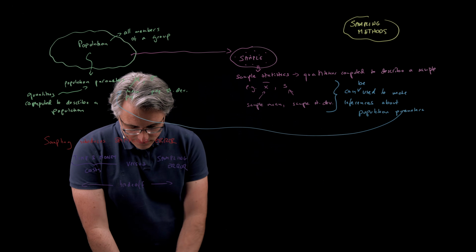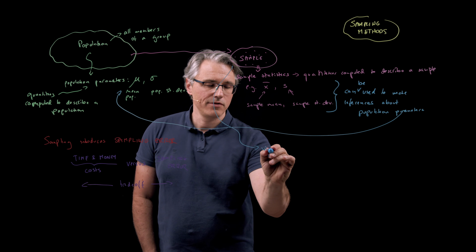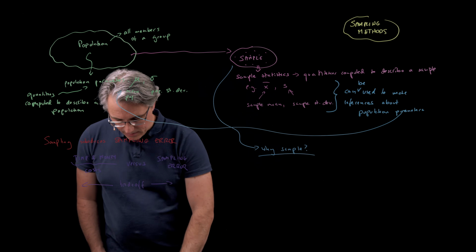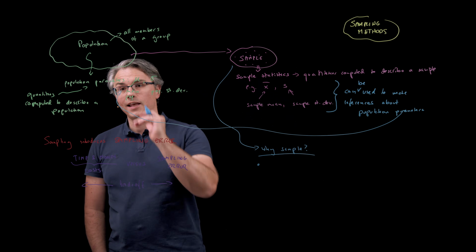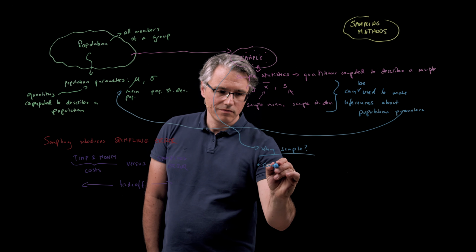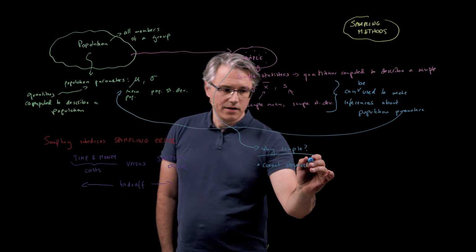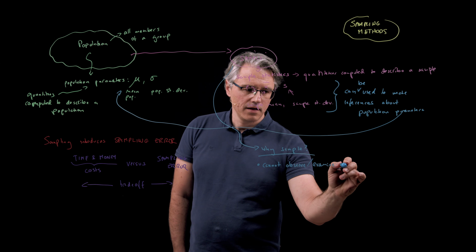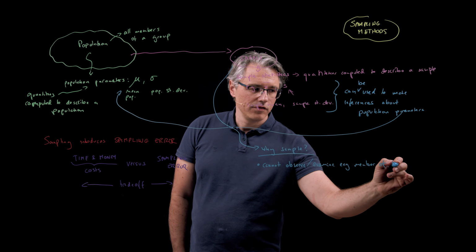Now, let's just ask the question, why sample in the first place? Well, like we said, very often it's just not going to be feasible to examine every member of the population. So maybe we cannot observe or even identify and examine every member of the population.